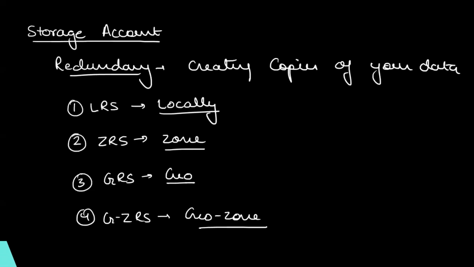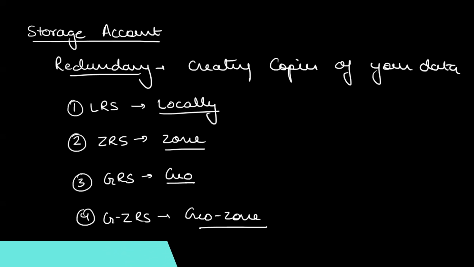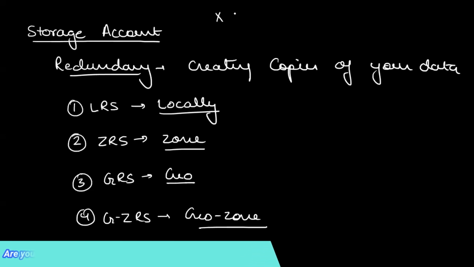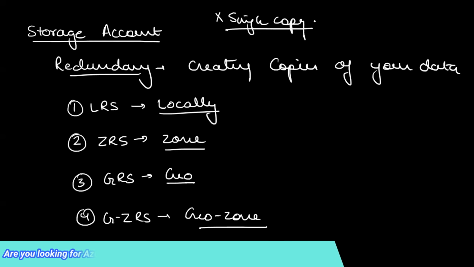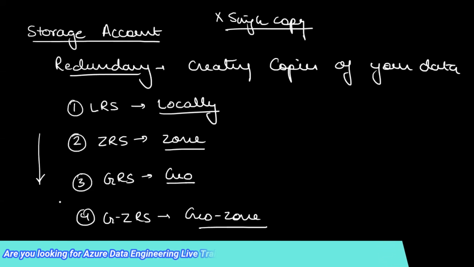And whenever you're creating a storage account, a data lake, or a database within Azure, you have to decide on one of these redundancies. It is mandatory. You can never create a single copy of your data. Single copy never allowed. It has to be at least a LRS. All right. And the redundancy options that I've shown you are in hierarchy, from lowest redundancy to highest redundancy.